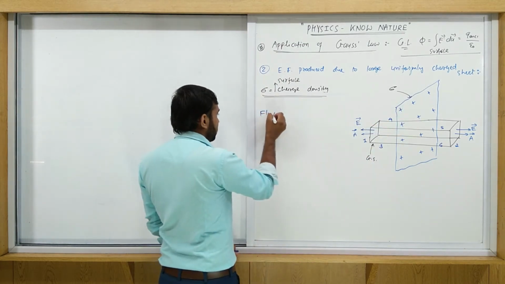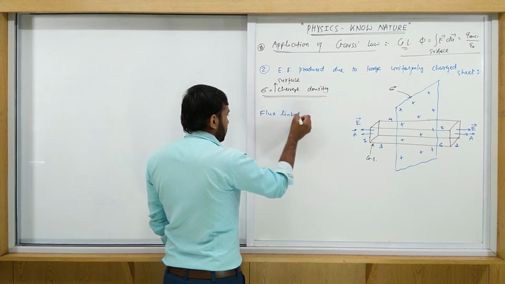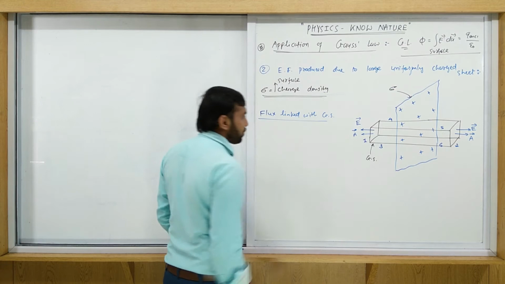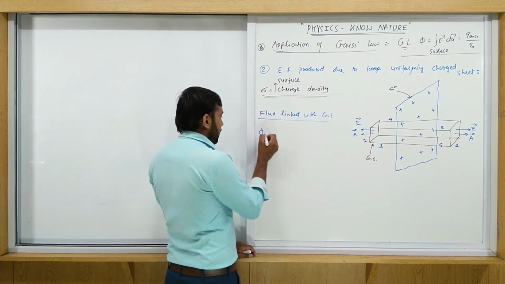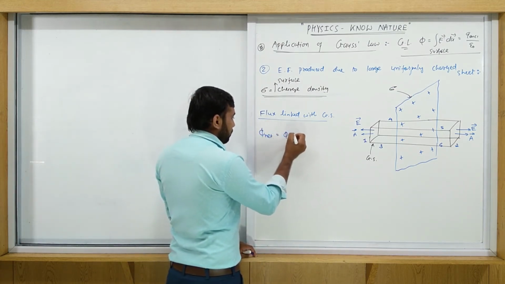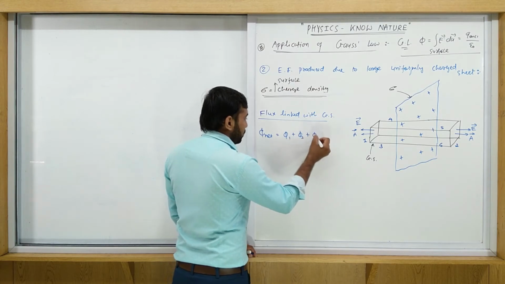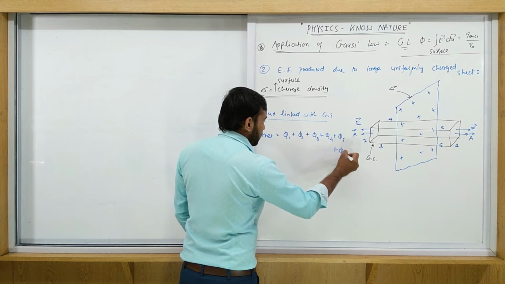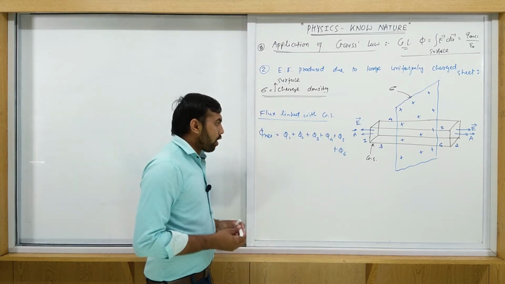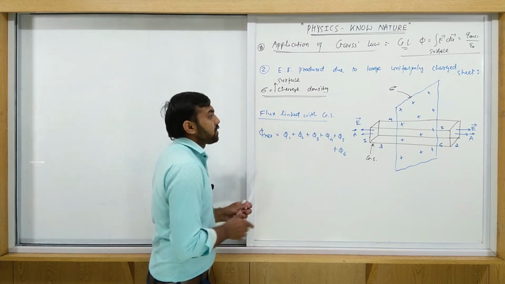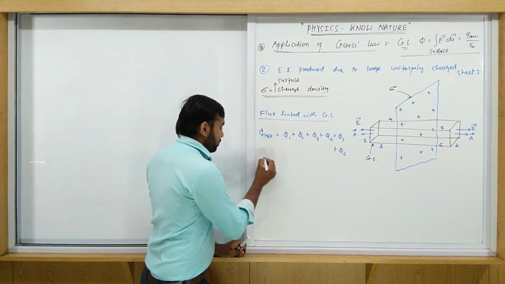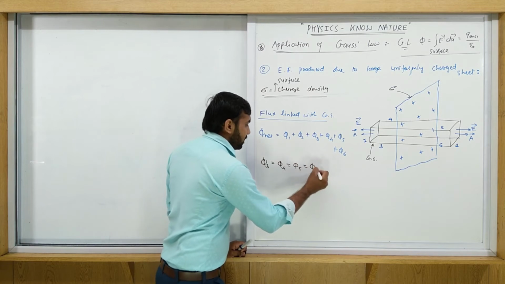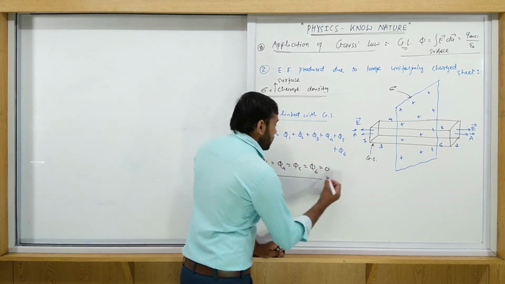So let's write the flux linked with the Gaussian surface. Phi net is equal to phi 1 plus phi 2 plus phi 3 plus 4 plus 5 plus 6. We have total 6 faces. Out of these, phi 3 is equal to phi 4 is equal to phi 5 is equal to phi 6 is equal to 0.